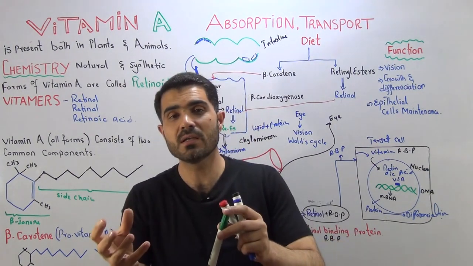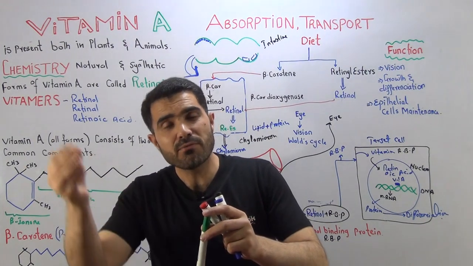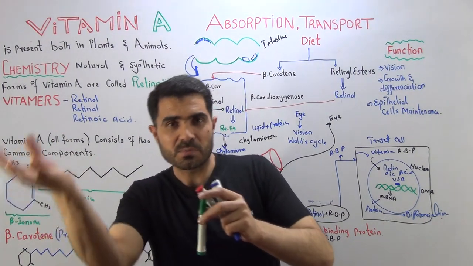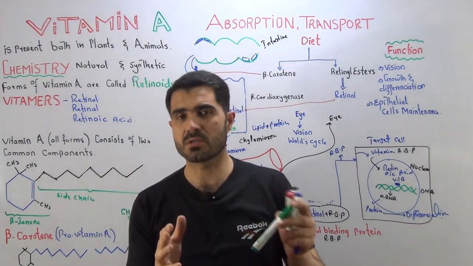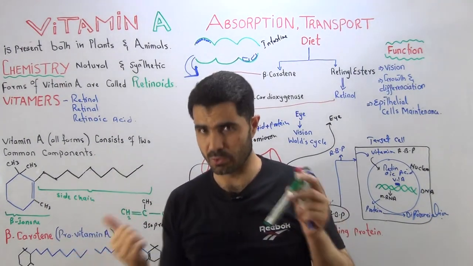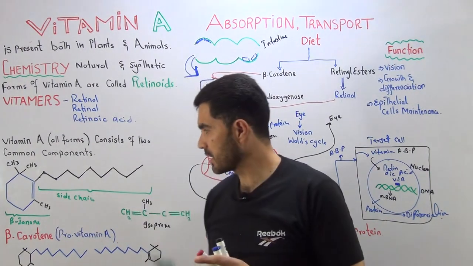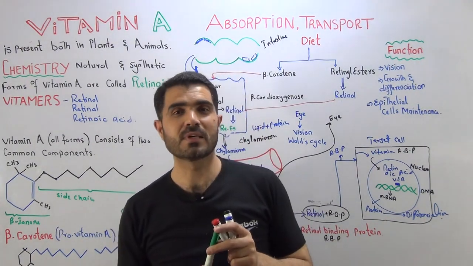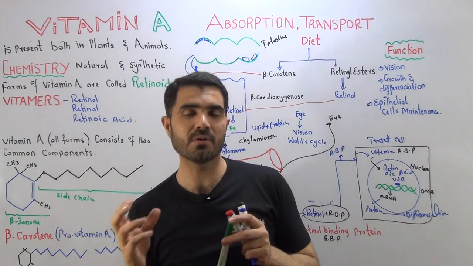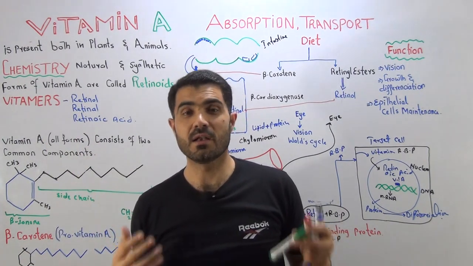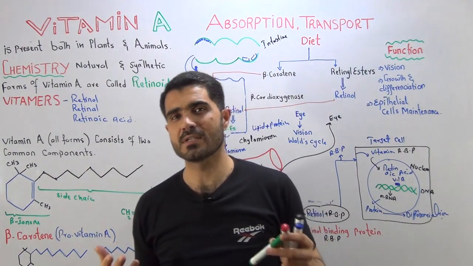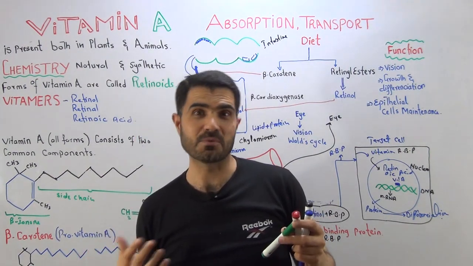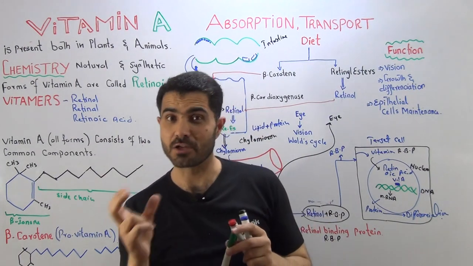Beta carotene is the name of vitamin A which is present in plants. I would definitely discuss the structure of beta carotene with you as well. But remember, carotene comes from carrot, and people love eating carrots, and every common person says that it helps in vision. Of course, carotene.